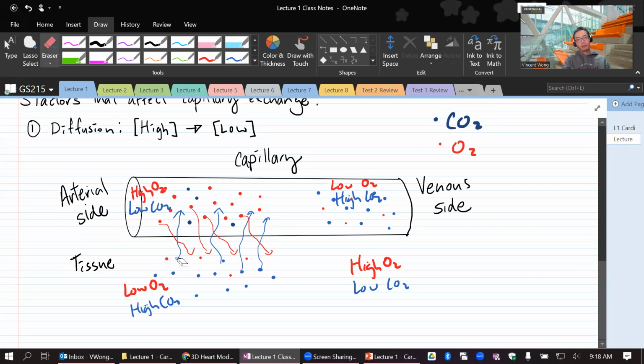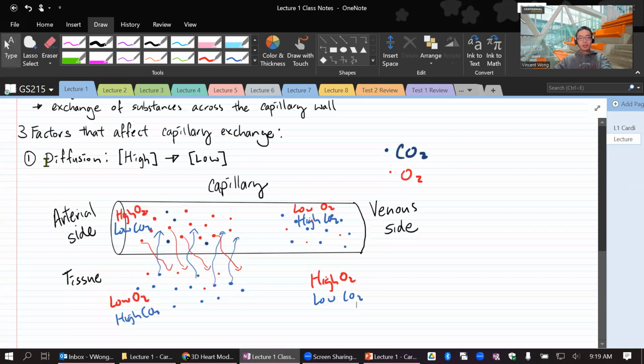Okay, they all left. So now the surrounding area will have high O2, and then this oxygen will be used up by the cells. And so it will basically go back to this situation once the oxygen is used up. Okay, all right, so that is the first factor.